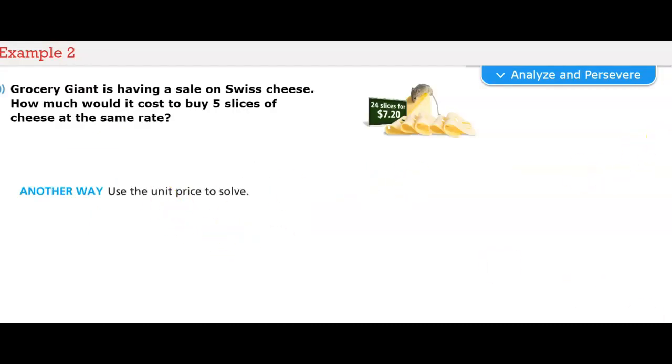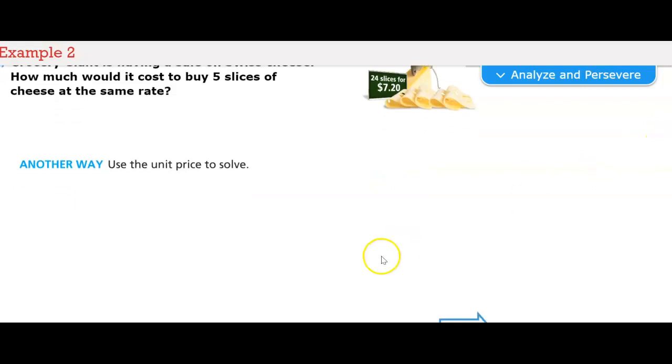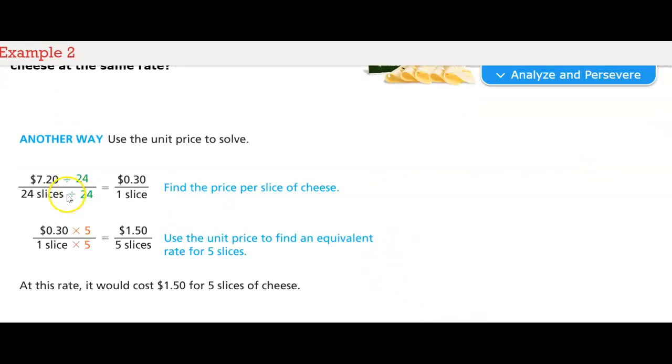Another way to solve this would be to divide the price for the 24 slices by 24 to get the price per 1 slice, just like we did in the other way. And then you multiply by 5 because that's how many slices we want to know the cost for, and you get the same answer. So one way is a table, one way is just doing the arithmetic here.